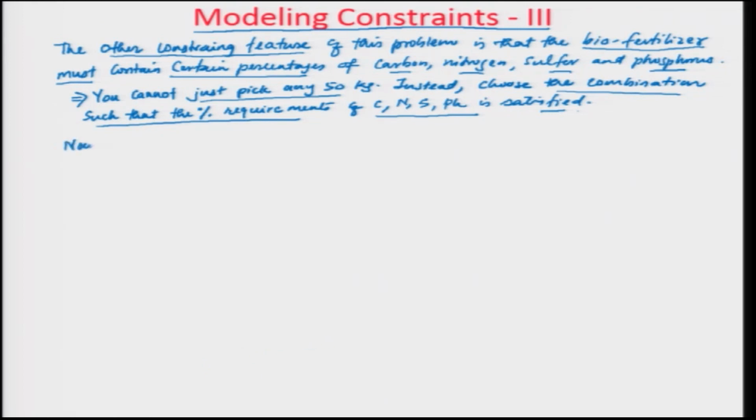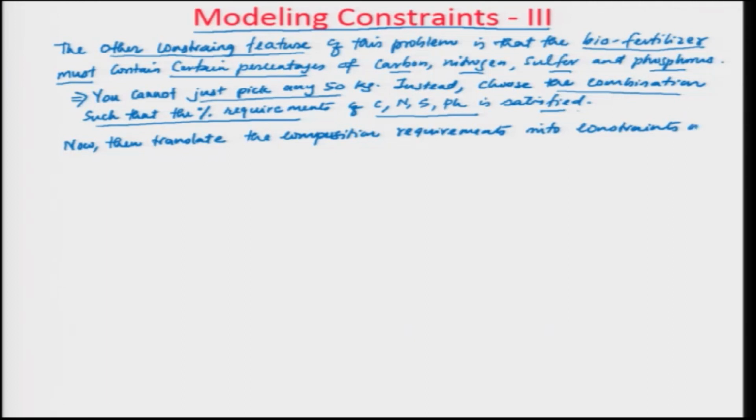Okay. So now then we have to translate the composition requirements into constraints on our variables.